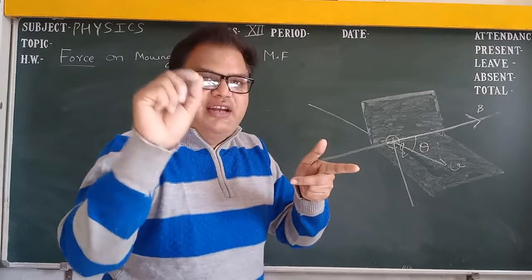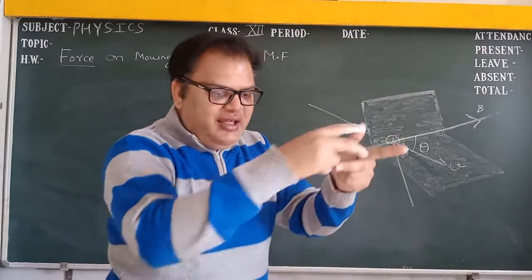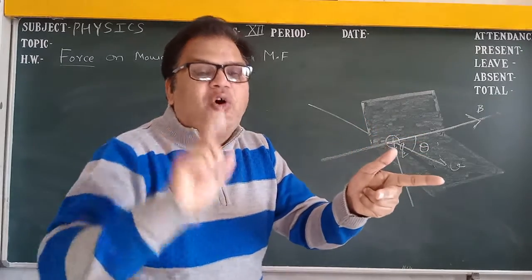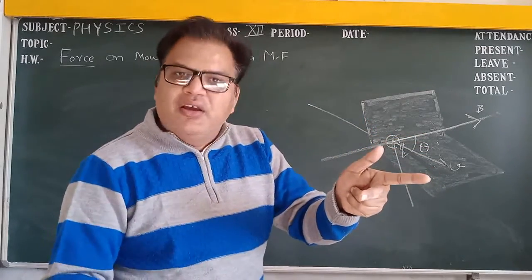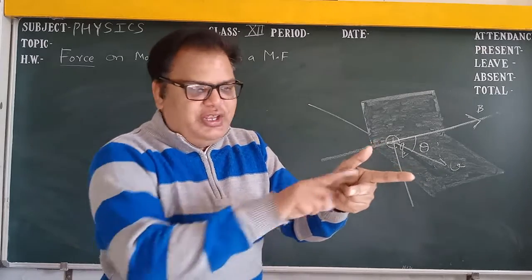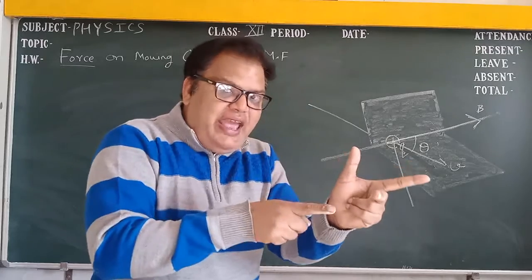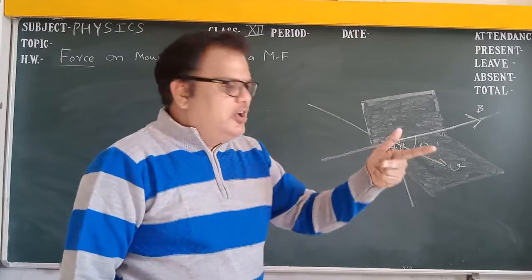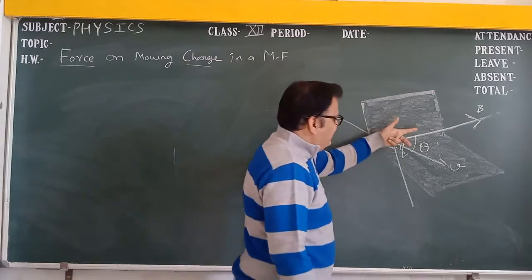The middle finger gives the direction of current or velocity of the charged particle. Then the thumb gives the direction of the force.